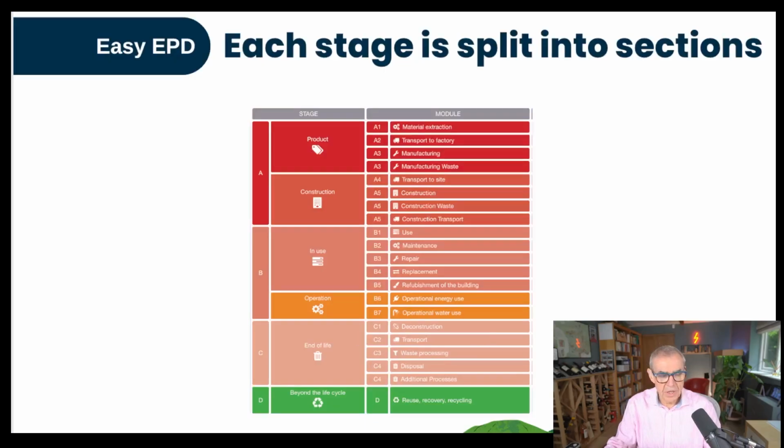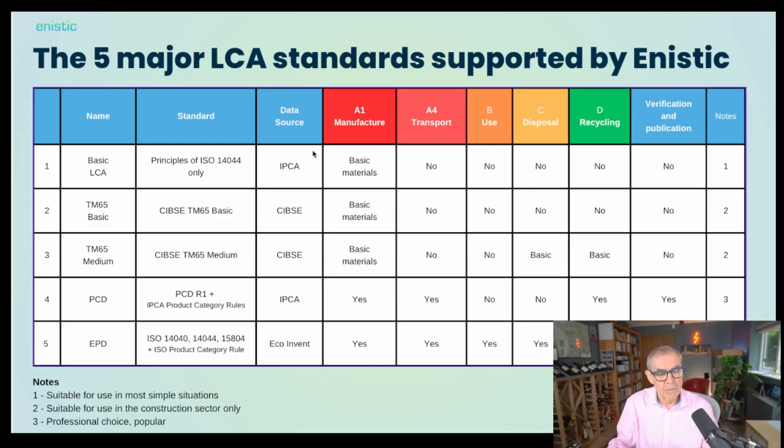How do you go about choosing a standard? Well, Innistic supports 5 standards. Let's look at this summary table I've done for you here. The basic LCA is done with the International Product Carbon Association, and I'm involved with that, cards on the table, and I'm also involved with the Product Carbon Declaration standard down here, the PCDs. So that out of the way, basic LCA uses the IPCA database, and you just apply the principles of ISO 14044.